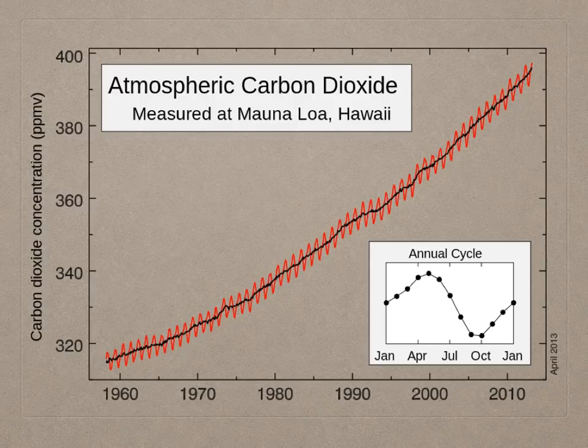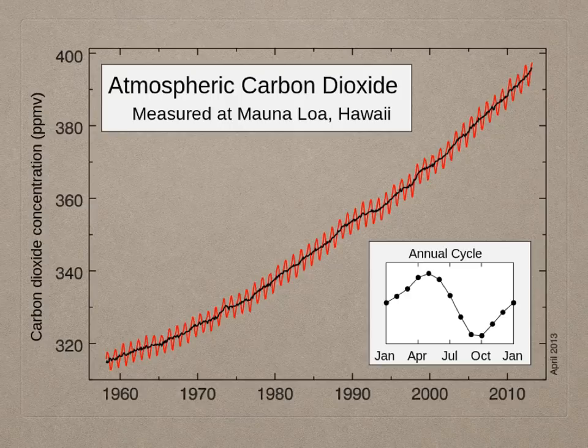There are two features of this curve that you should know. One is the monthly values in red show an up and down cycle. That's the seasonal cycle of carbon dioxide in the atmosphere related to the increase in vegetation in the northern hemisphere summer, which takes up CO2, thus drawing CO2 out of the atmosphere, and then the wintertime release of that carbon dioxide back into the atmosphere.